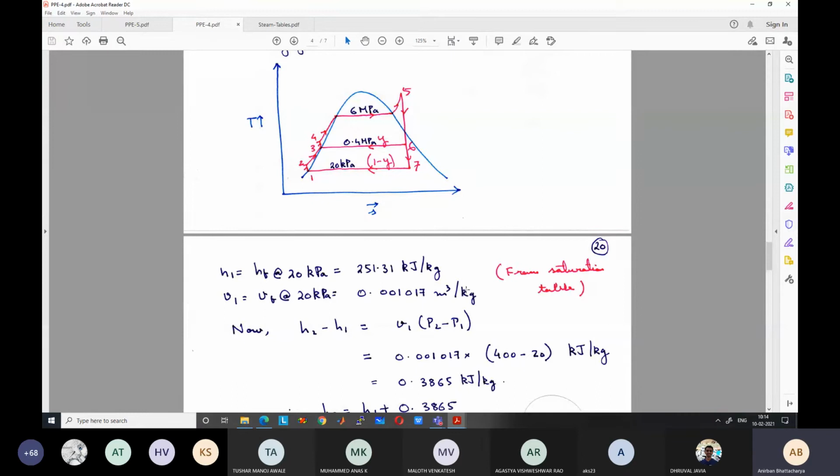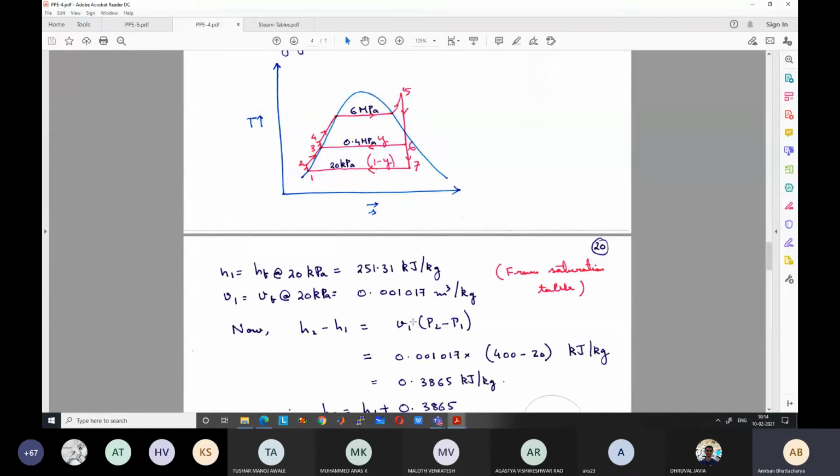Now we have to find state 2, H2. And we have discussed in the previous classes that H2 minus H1 is equal to the work input to the pump, which can be calculated as V1 times (P2 minus P1). Okay, this is the approximate work input. What is the assumption that we have taken while writing H2 minus H1 as V1 (P2 minus P1)?